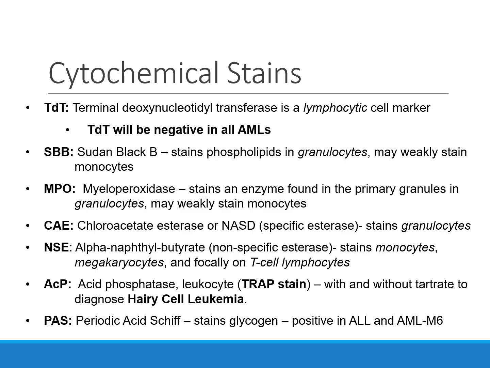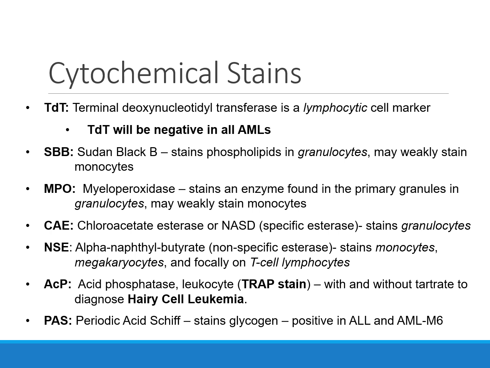But because monocytes are technically agranulocytes, because they don't have those primary and secondary granules in the same abundance as other granulocytes, they aren't going to pick up the stain as well, because they simply have less of that myeloperoxidase present. But it's going to stain those enzymes that we found in the primary granule of the granulocytes.